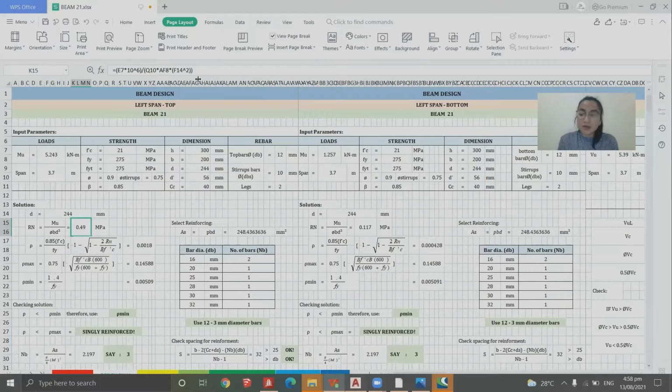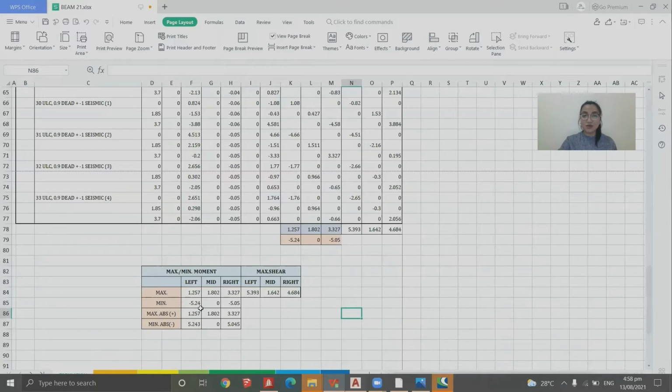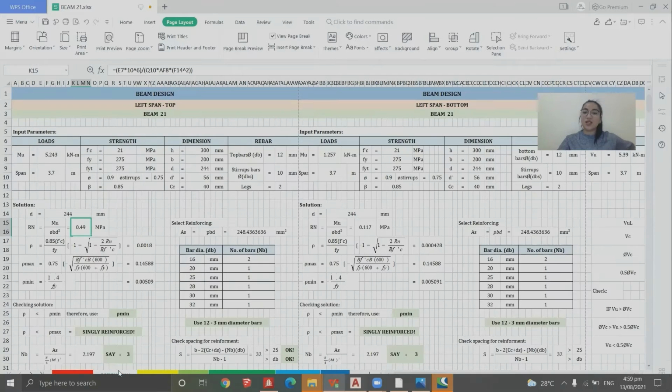So this is beam design calculation for beam 21. So for the left span top, these are the parameters. We have Mu 5.243, the minimum value for moment, negative 5.24 at the top. And then we have span 3.7, strength parameters, fc' and fy at 21 and 275 MPa.